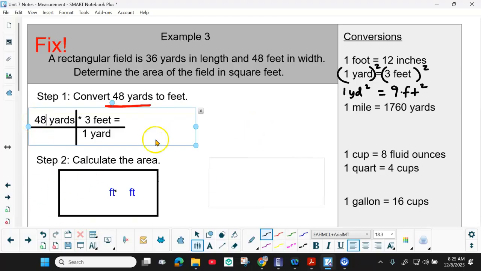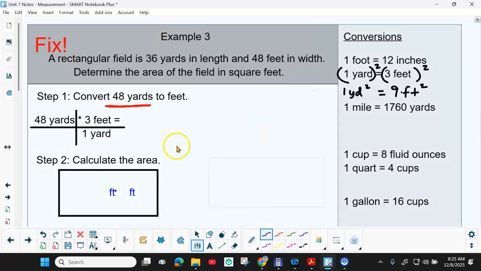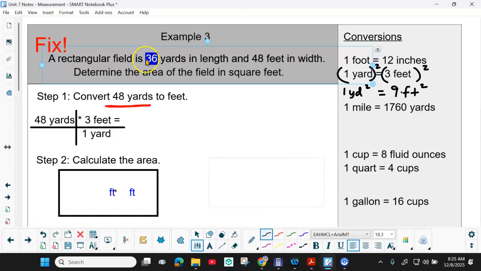All right, so then I won't uncover those. We'll just do these together then. Okay, so if I got 48 yards instead of 36, is the feet also the same? Now, like up there, the rectangle is still 36. You can just cross out the 48 and put the 36, please.